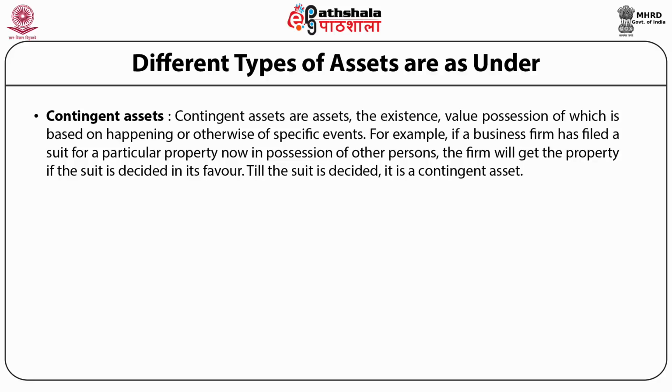For example, if a business firm has filed a suit for a particular property now in possession of other persons, the firm will get the property if the suit is decided in its favor. Till the suit is decided, it is a contingent asset.